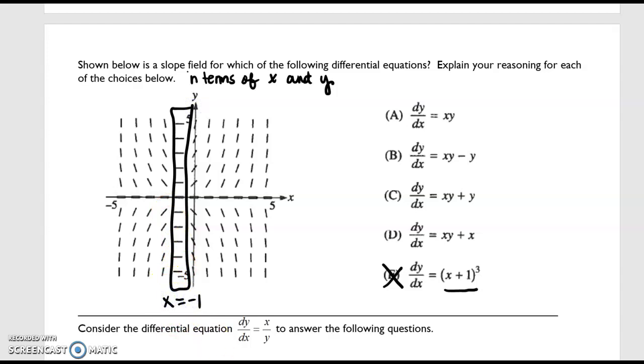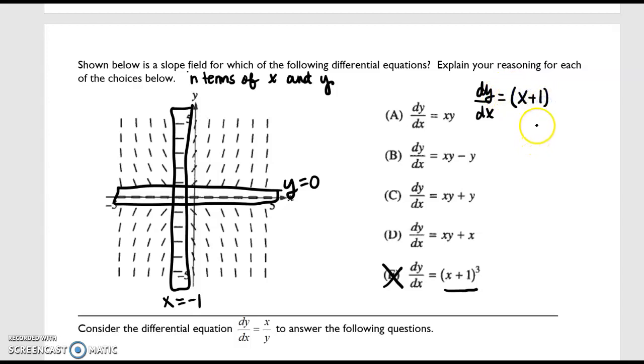When I look at these zero slopes here, those have zero slopes along the line x equals negative 1. And I also have slopes of 0 along the x-axis, so y equals 0. So I know that for my differential equation, if I plug in x equals negative 1 or y equals 0, I will have a slope of 0. That means I can, just like I would with a polynomial, if I have a 0 at x equals negative 1, the factor that's associated with that would be x plus 1.